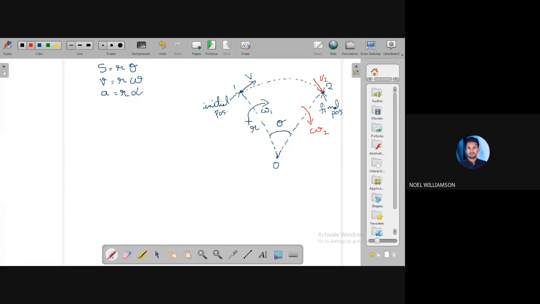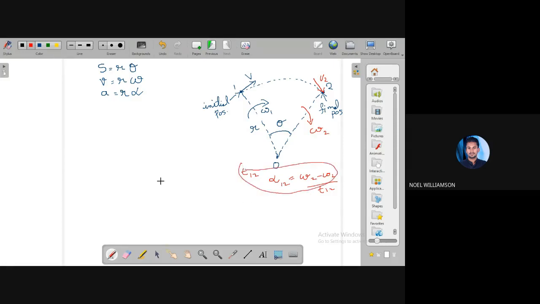And we know the acceleration of the particle, angular acceleration, when it passes from 1 to 2, let the time taken for the journey be t12. Then the angular acceleration alpha 12 will be the change in omega by the time, right?